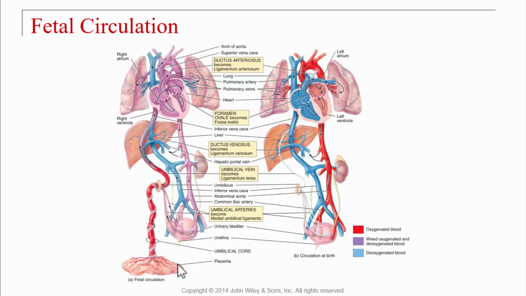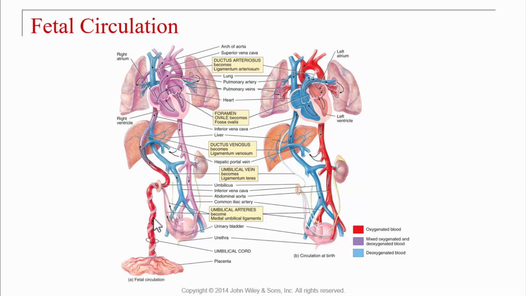Now if we start at the placenta, here are some differences in circulation at birth compared to fetal circulation. The placenta, again, is going to provide nutrients to the fetus. It's also going to supply oxygen and get rid of carbon dioxide.